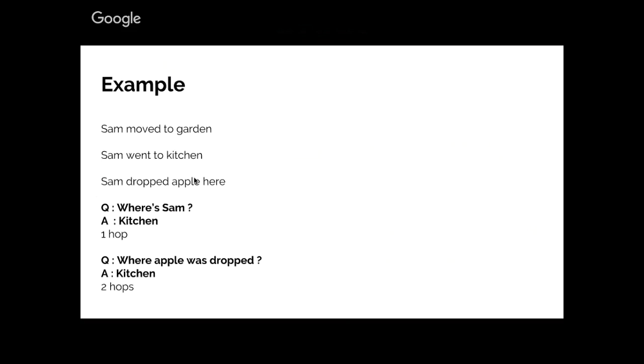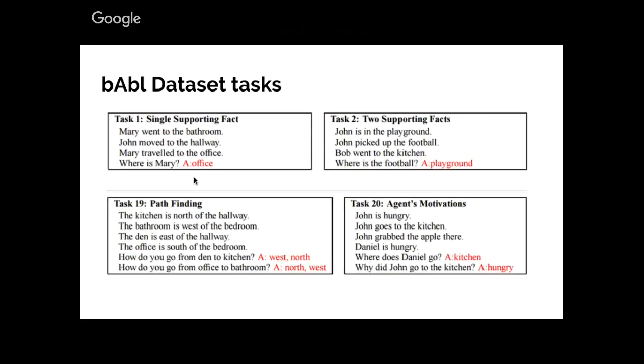Now, this particular data set, Joel is going to dig into in much more detail, but this was a data set that was released, and you can see the complexity of the tasks that were given. There is one single supporting fact, where "where is Mary" is simply answered by a single line, whereas two supporting facts, like in the case of Sam, "where is the football?"